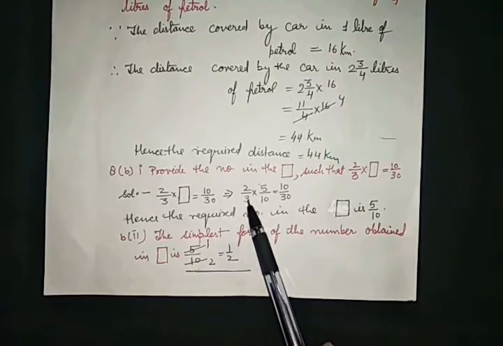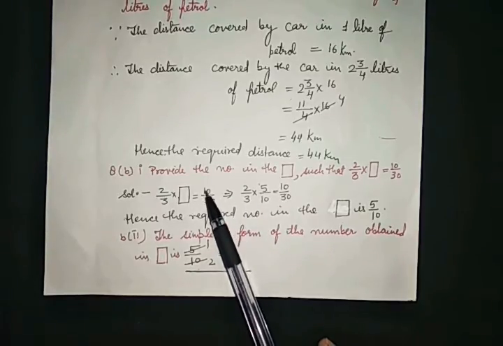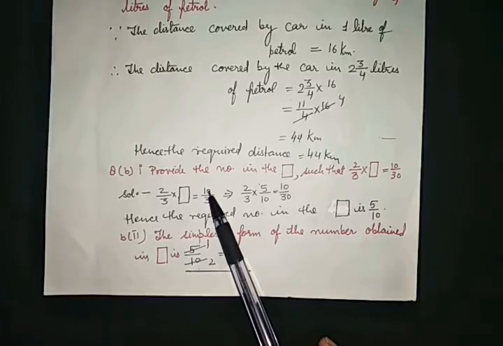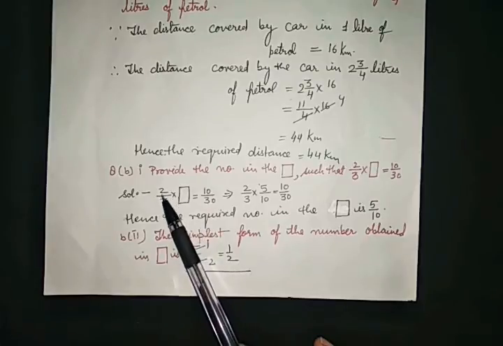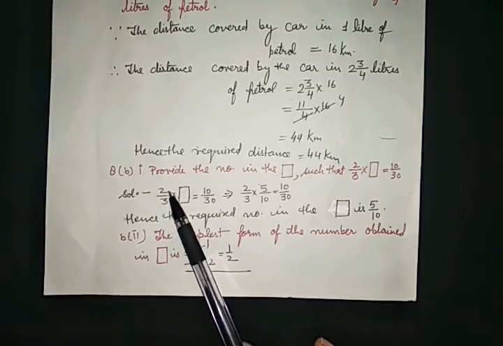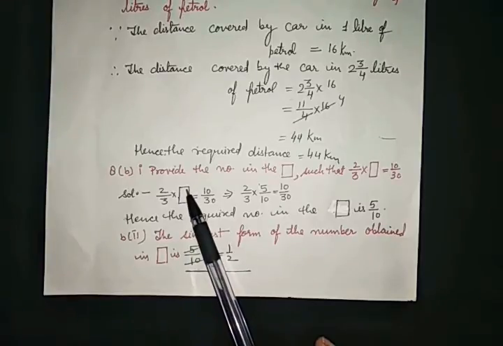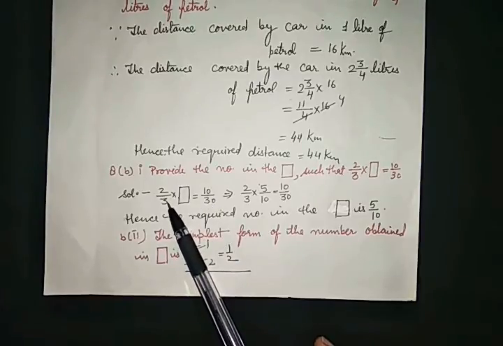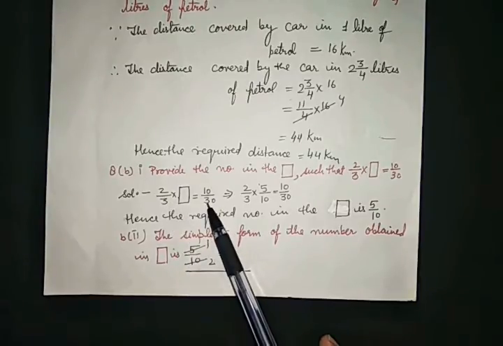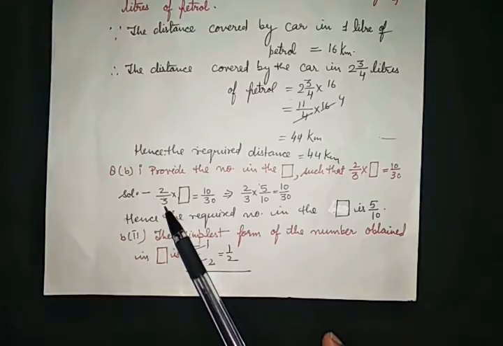So for the first step, we will think how can we get this 10. To get this 10, we will multiply this numerator 2 with 5. Then here 2 5s are 10 will come. And for 3, how can we get 30 from 3? So what we will do?